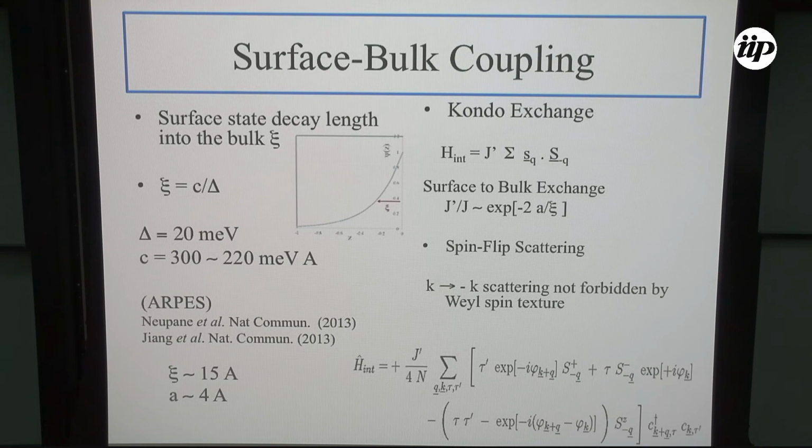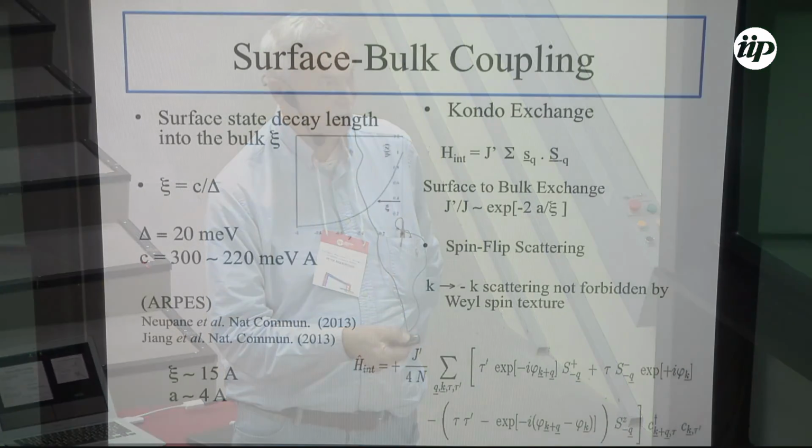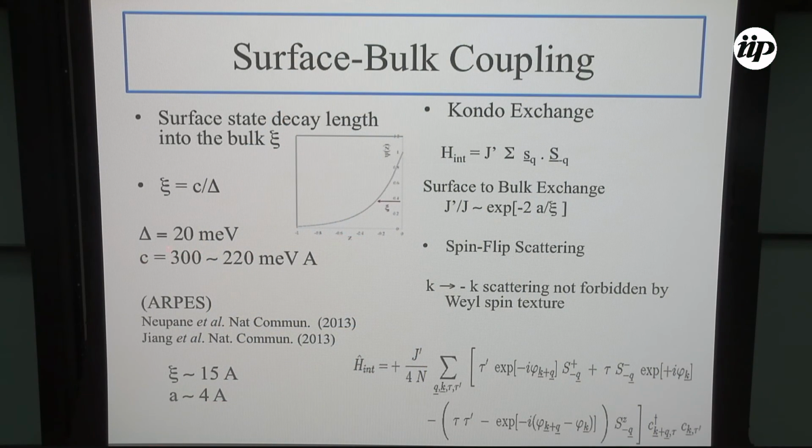So what has this to do with topological insulators? Well, perhaps nothing, but what I want to show here is, of course, that these surface states have this exponential decay into the bulk, which is given by this small gap. And from ARPES experiments, you find Fermi velocities given by 300 to 200.